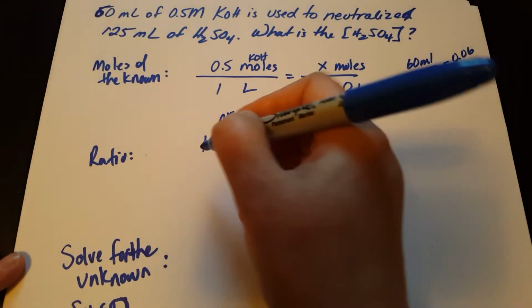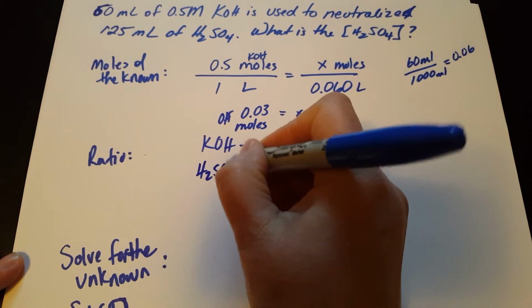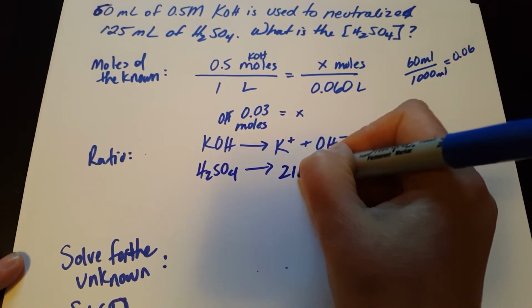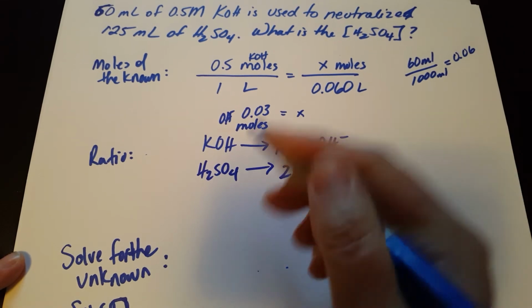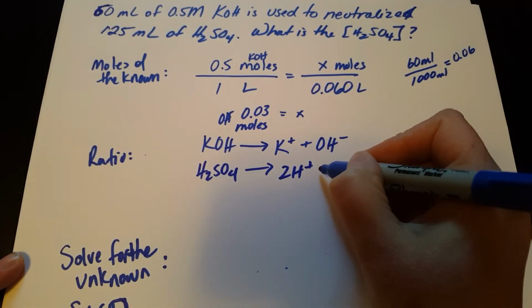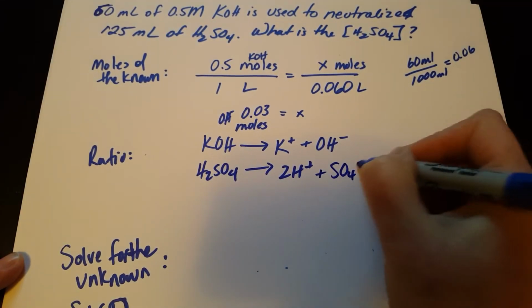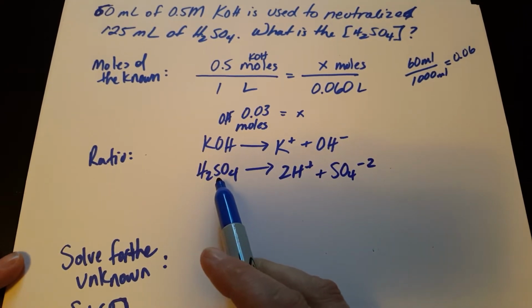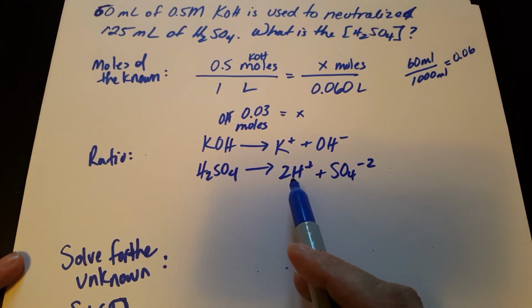In the case of the H2SO4, we have a little bit of a trick here, because you can see the subscript 2. And so for every one of those particles that dissociates, it will dissociate into 2 of the H pluses.